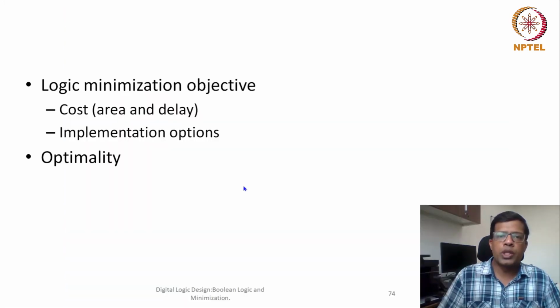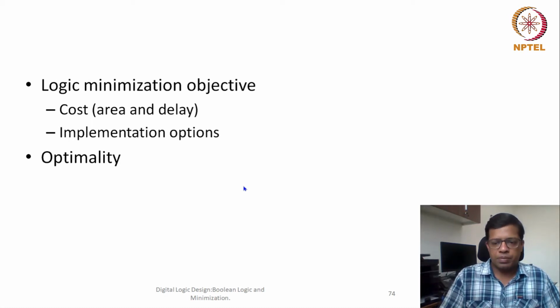We started our logic minimization with an objective of cost optimization, so we will also see what the actual meaning of cost is. We started with some notion of cost, and we'll try to elaborate that notion. We'll also see the optimality of the methods we have studied, and whether there is anything better or worse.